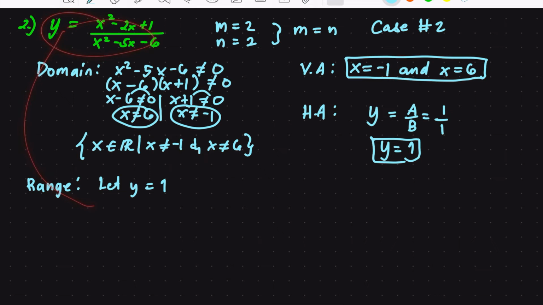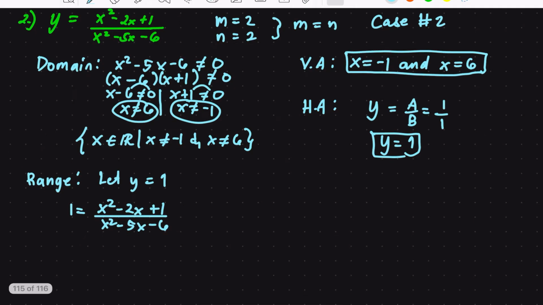So, magiging 1 is equal to x squared minus 2x plus 1 over x squared minus 5x minus 6. And then cross multiply. So we have x squared minus 5x minus 6 equals to x squared minus 2x plus 1.